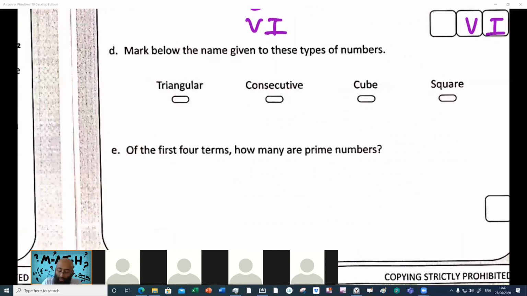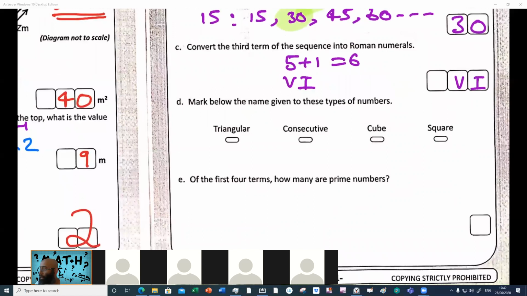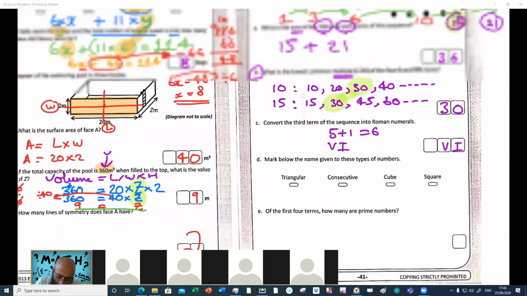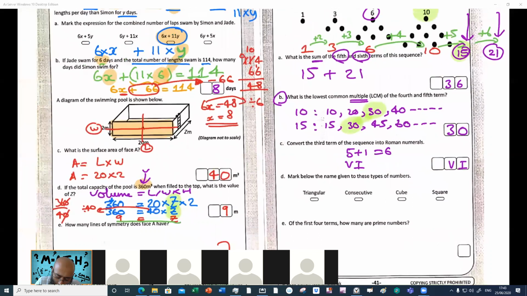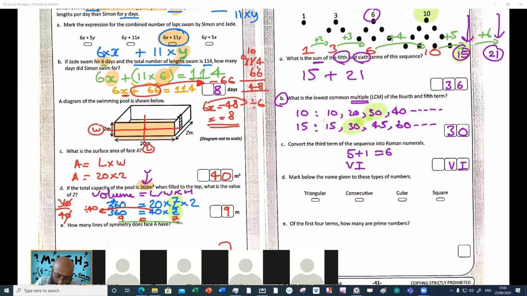Mark below the name given to these types of numbers. Go. Okay. Give me one second.